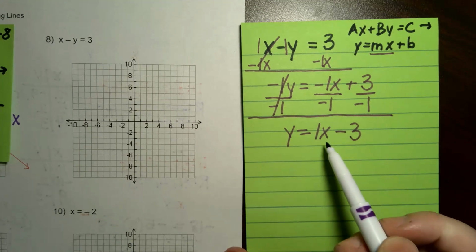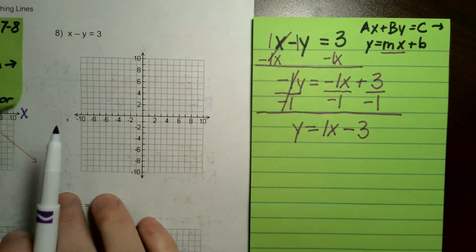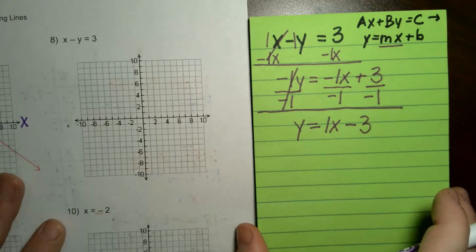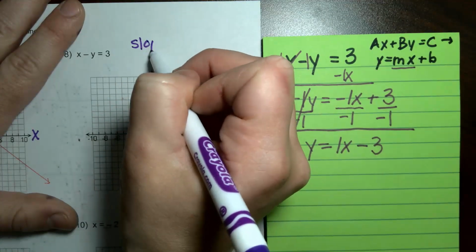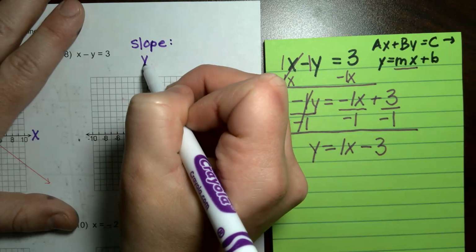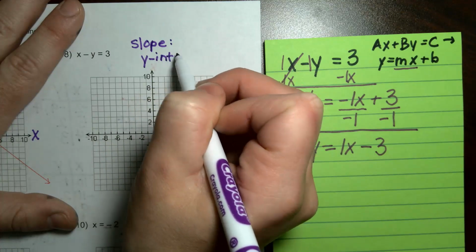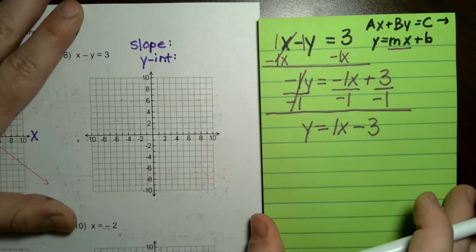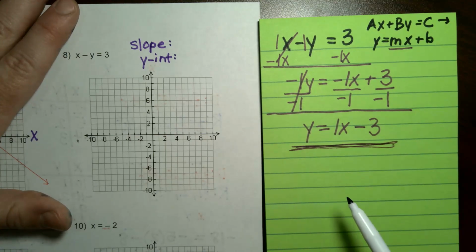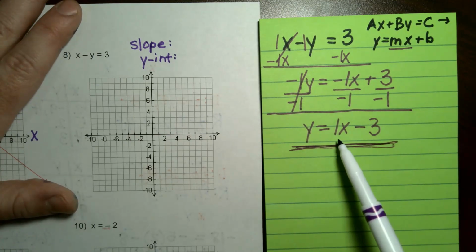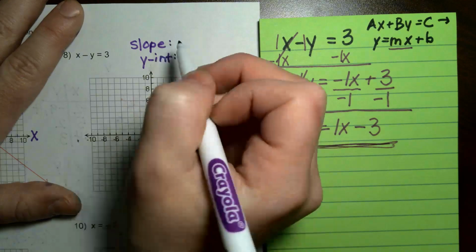From here, we can identify the slope and the y-intercept. So I'm going to go ahead and list those to the side here. Slope, y-intercept. Okay, so looking at this new equation that we discovered, what would my slope be? 1.